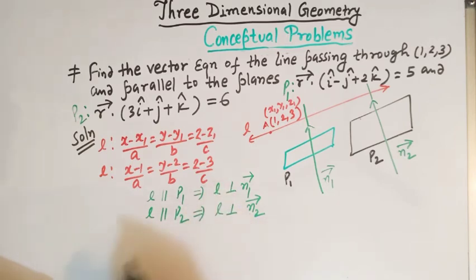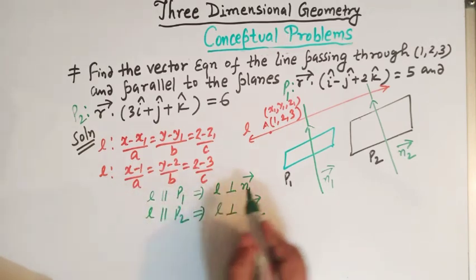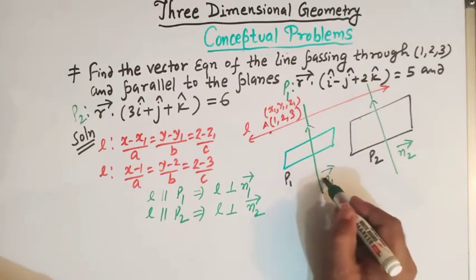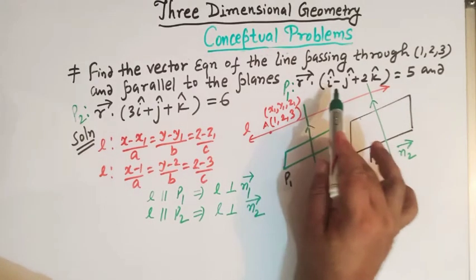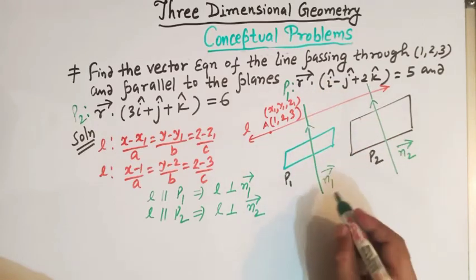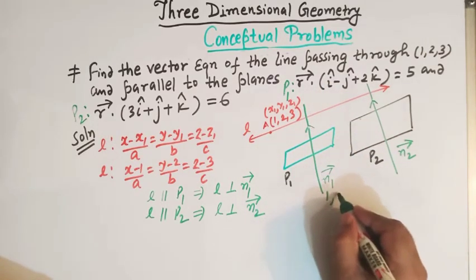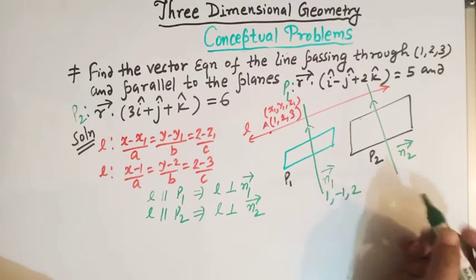Now the drs of L are a, b, c, and the drs of this vector n1 can be obtained from here, and the drs are 1, minus 1 and 2, right?